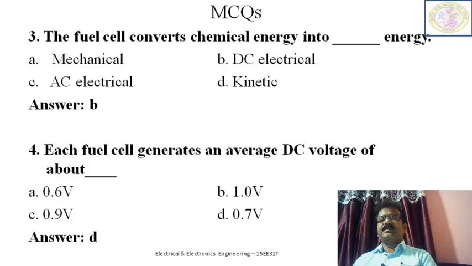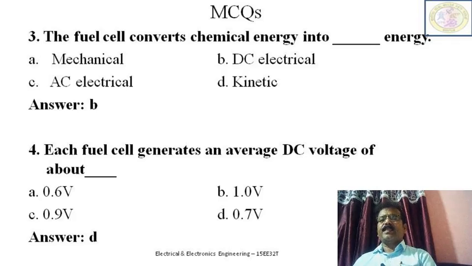Fourth one, each fuel cell generates an average DC voltage of about dash dash.